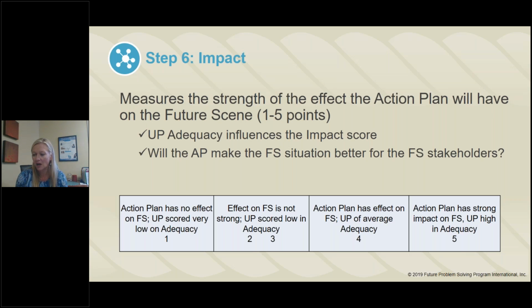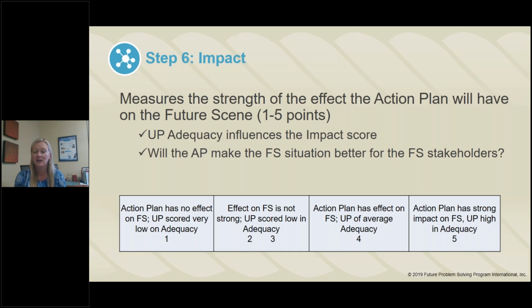Any questions on the last few slides that we've covered? So when you're measuring the impact score, is there any way that their action plan will get a 5 if they had 4 scores on step 2? Not on the impact section. If they had an adequacy score of 4 or 5, you would not award them 5 points here.